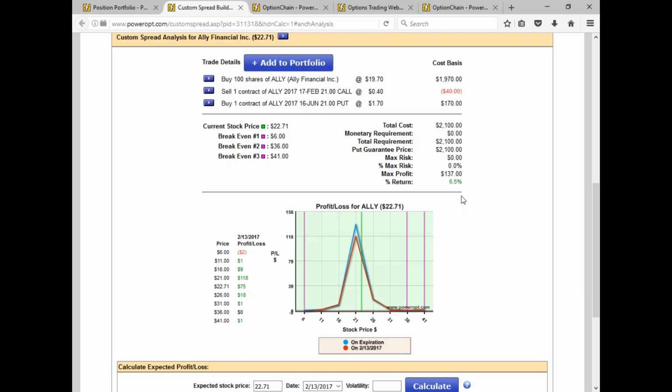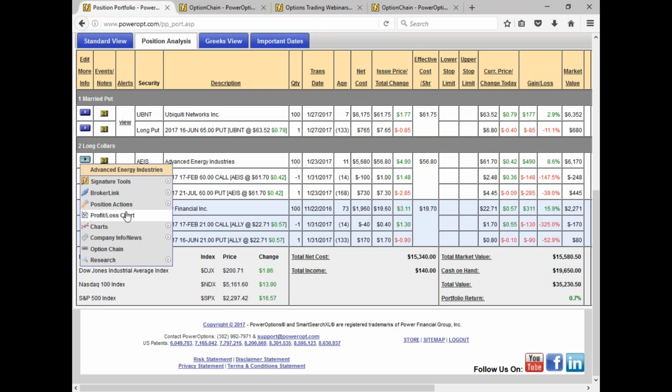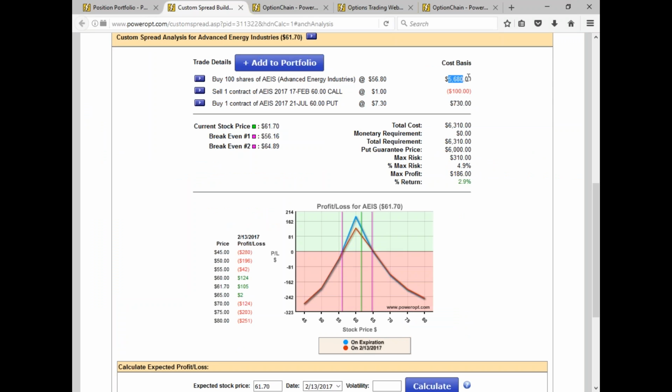Okay. AEIS is another one, but that's a different example. That risk-reward profile probably looks a little bit better than the Ally one. It is the same strike, but on this one, after earnings came out, the stock didn't move too much. My cost was $56.80. The stock's now trading at $61.70. After earnings, the stock moved up to about $59.40. It didn't move much at all, and it was positive: beat revenue, increased the next quarter, beat earnings estimates.